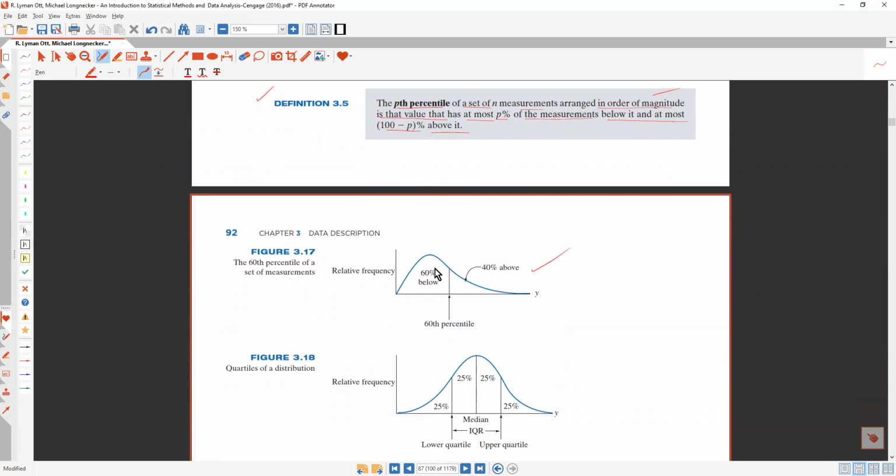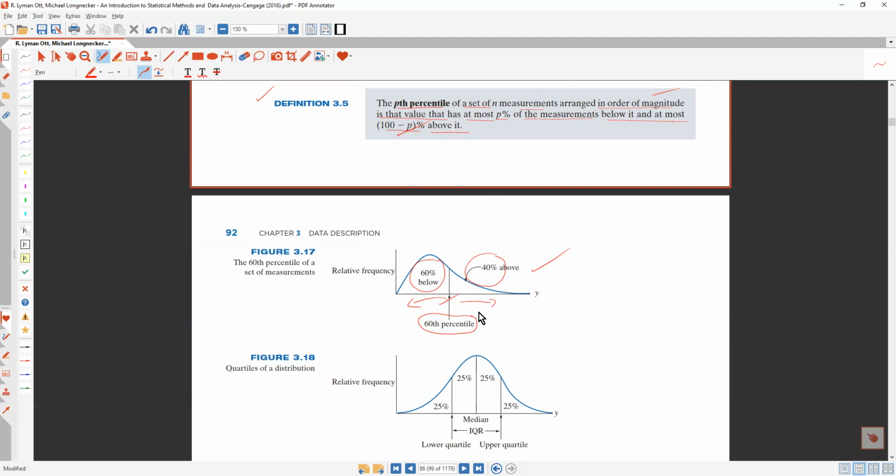There's a distribution. We can see the distribution contains 60% of scores below and 40% above. That score, whatever score is in the distribution, is the 60th percentile. Why? Because 60% fall on this side and then the balance fall above it, right? The balance of that, 100 minus p%, is above it.